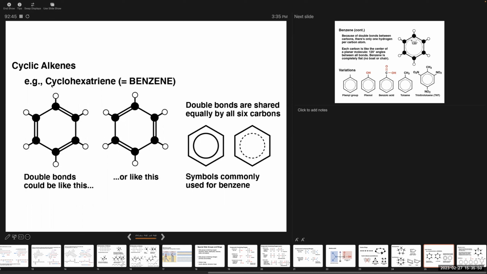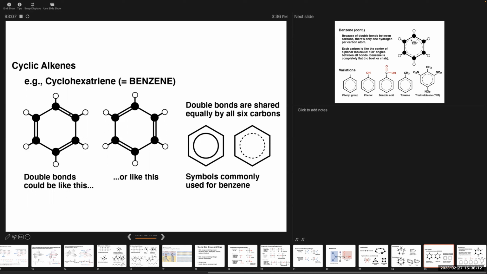So it's cyclo, so that tells us it's a ring. Hexa tells us it's 6 carbons, and triene tells us that there are 3 double bonds in that ring. So here's what cyclohexatriene looks like down here. We've got 6 carbons, and there are a total of 3 double bonds in there.